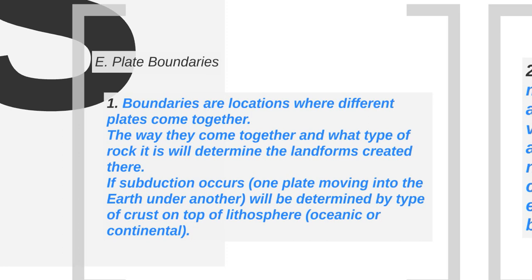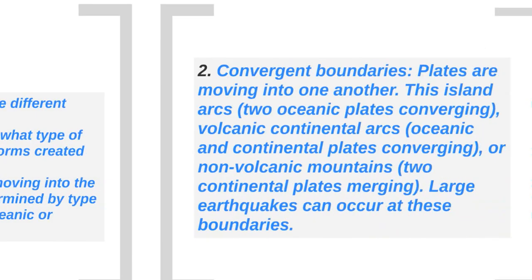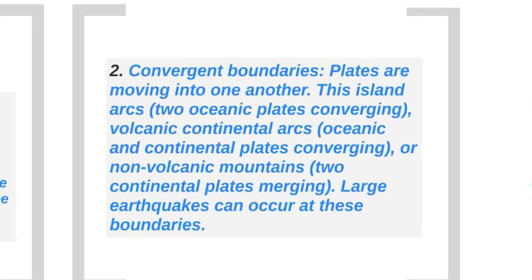Convergent boundaries are when plates are moving into one another. This creates island arcs, which is what happens when two oceanic plates converge together. It also creates volcanic continental arcs. This is when an oceanic and a continental plate come together.